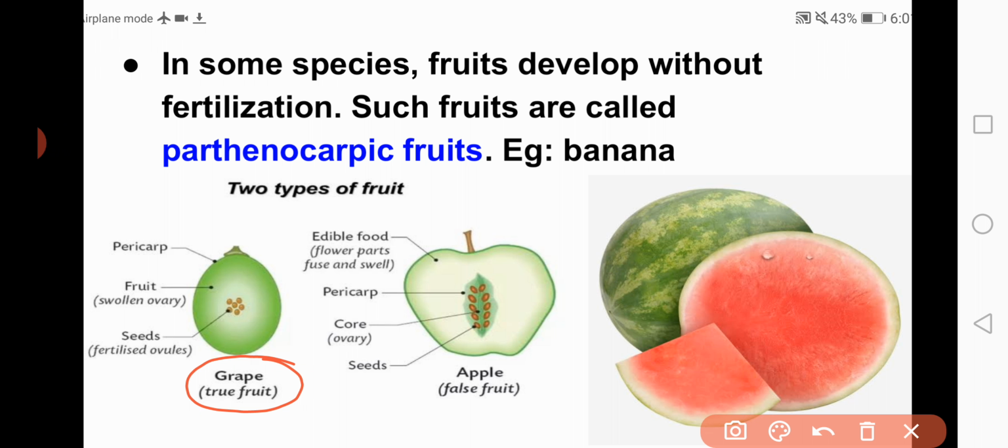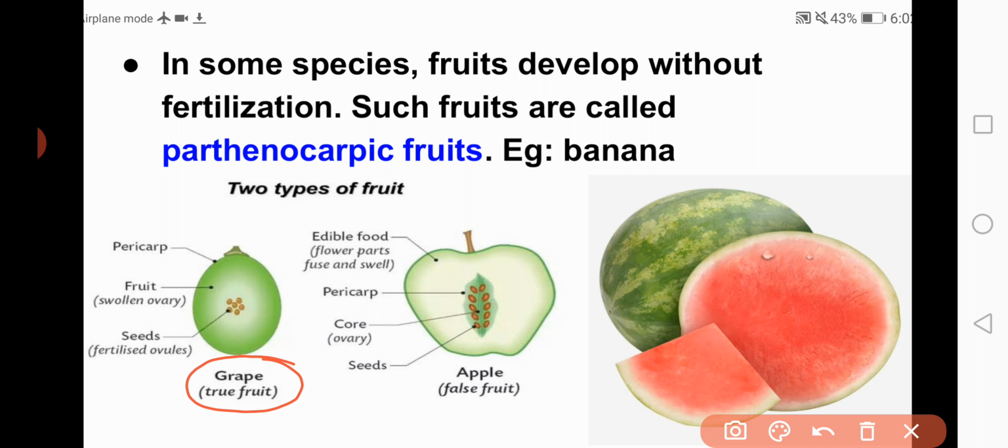That means any other part of the flower other than the ovary develops into the fruit. So such fruits are called as false fruit. For example, apple, cashew, etc. So true fruit means it only develops from the ovary, whereas false fruit means it does not develop from the ovary but it develops from any other part except the ovary.